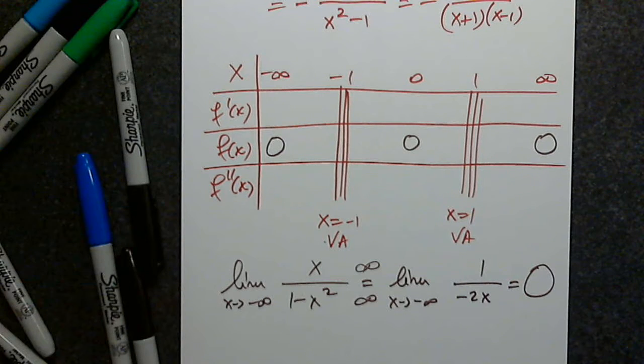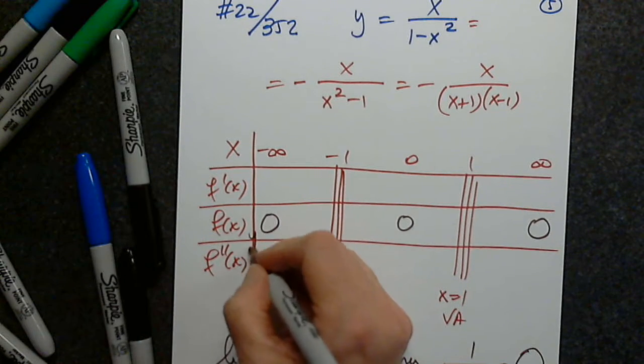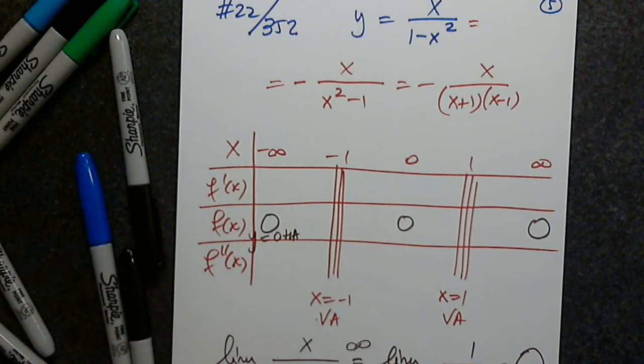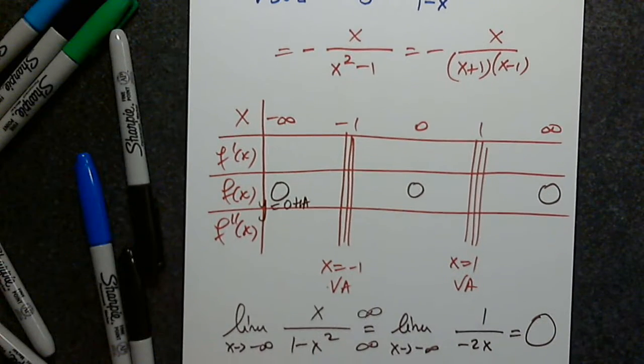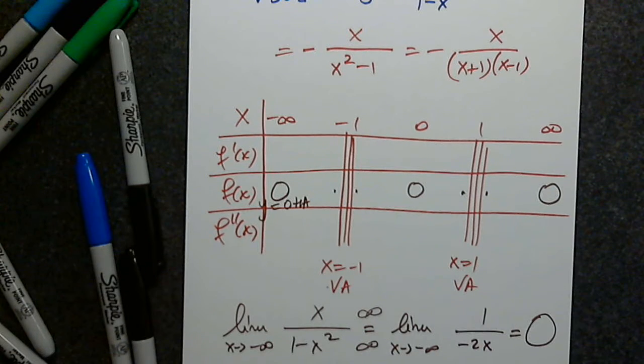So I differentiate the top, I got 1. I differentiate the denominator, I got negative 2x. So it must be 1 over infinity, which is 0. So then I write y equals 0 is a horizontal asymptote. I need to determine these, and determining the limits left and right will tell me where the function is going left and right of the vertical asymptotes.